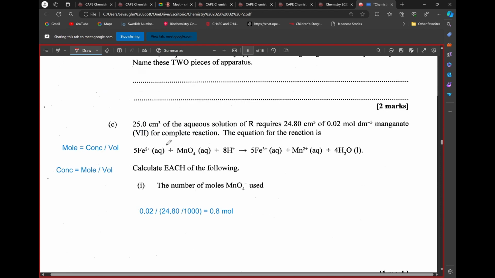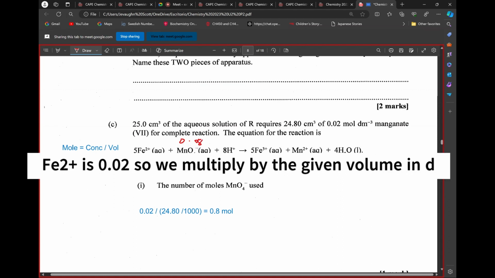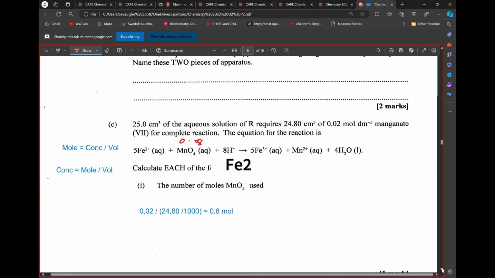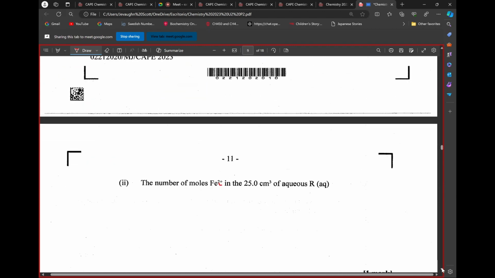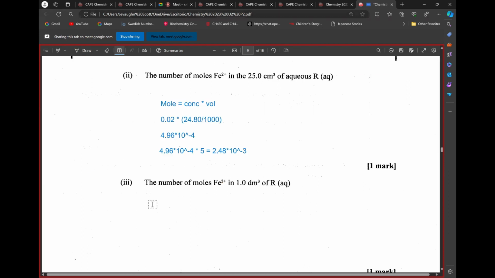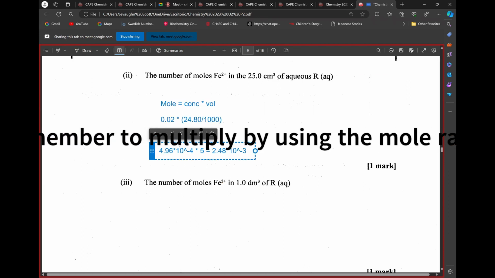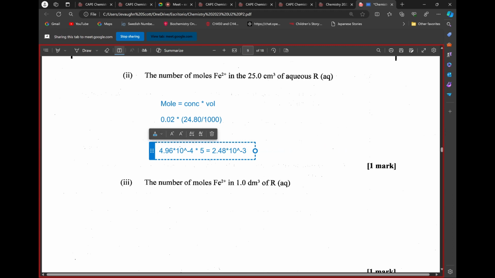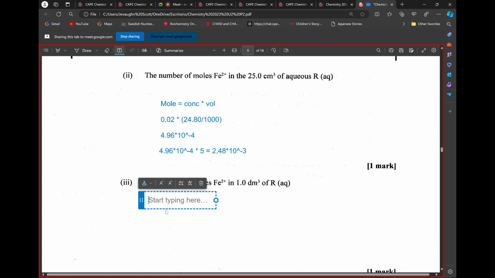So if manganate is 0.8 moles and we need 5 moles of iron to react with 1 mole of manganate, then what will be the calculation here? You have to convert cm³ to dm³ and then cross multiply. And that would just be this divided by 0.025.